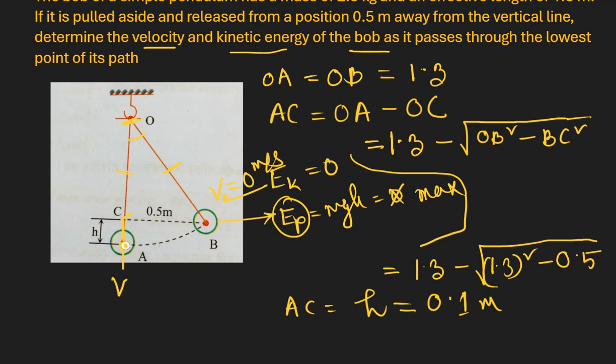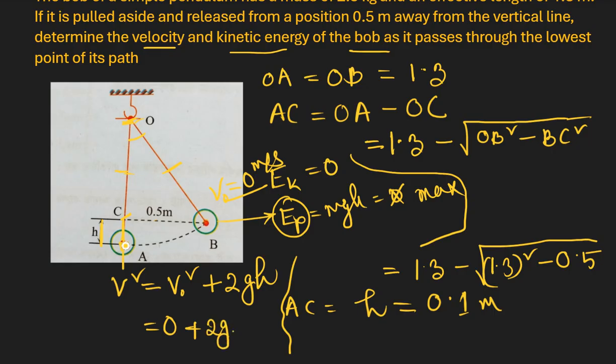So at point A, the velocity will be v square, as the initial velocity for this travel from B to A is v naught. So this will be v naught square plus 2g and height. So how much height? It will be this much height, right? So v naught is 0 and 2g and h means 0.1 meter.